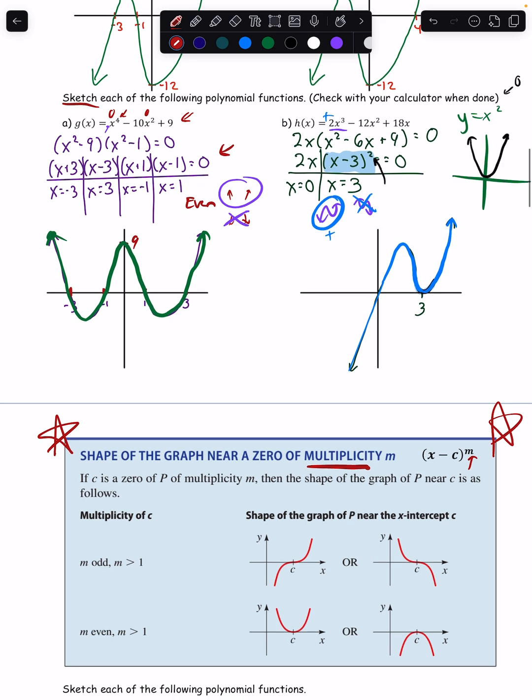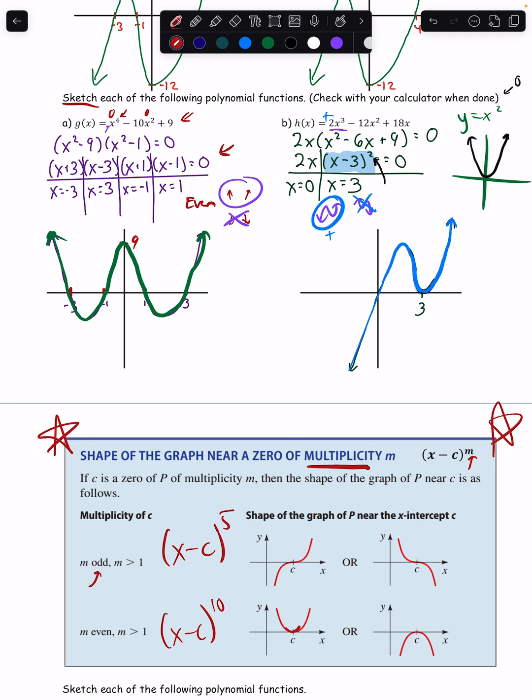So if the multiplicity is odd, so if it's 1, 3, 5, like x minus c to the 5th, it's going to cross. And if it's like x minus c to the 10th, it's going to bounce. Because if the multiplicity of that 0 is even, it's going to bounce.